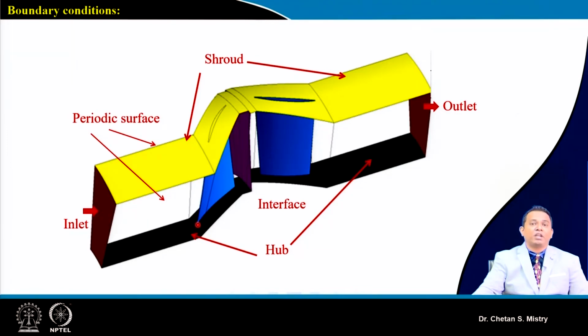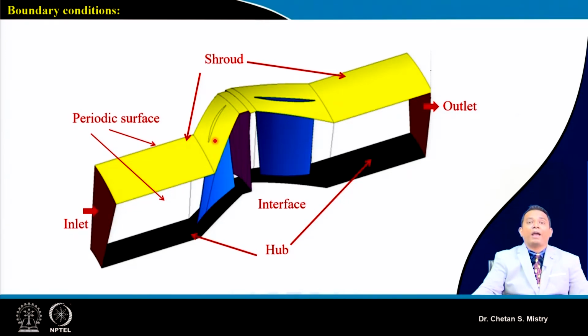Hub means the disc or drum on which we fix our rotor blades as well as stator blades. This represents the disc dimension, which we call the hub. In the same way, on the top side this is my casing, which we call the shroud. This shroud represents the inner diameter of the casing.